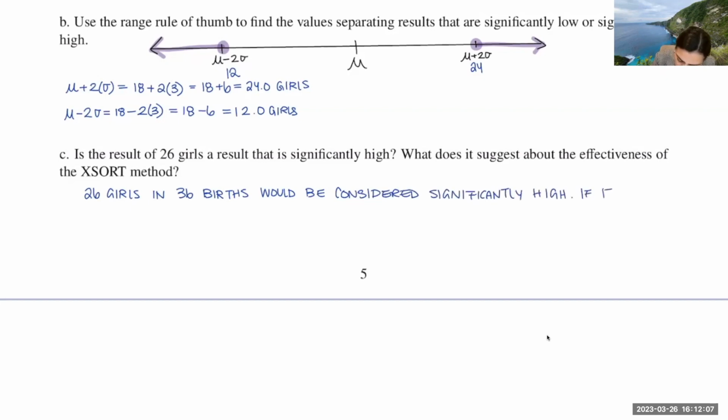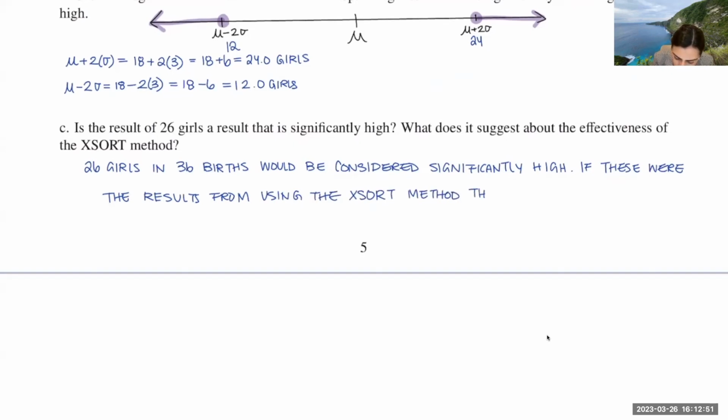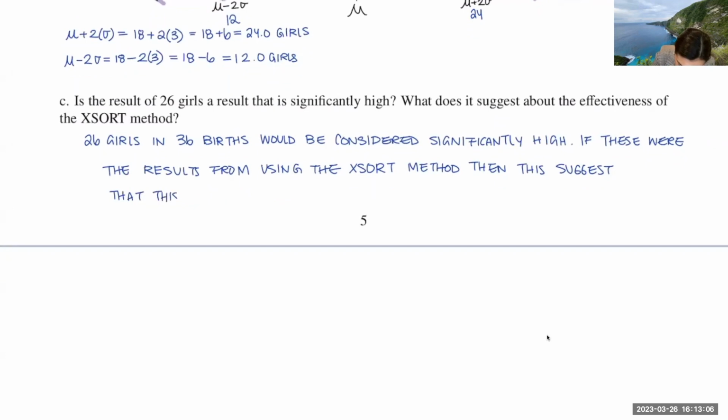If this is the result from using the XOR method, then it would suggest it is an effective method. This suggests that this method does increase the likelihood of having a baby girl.